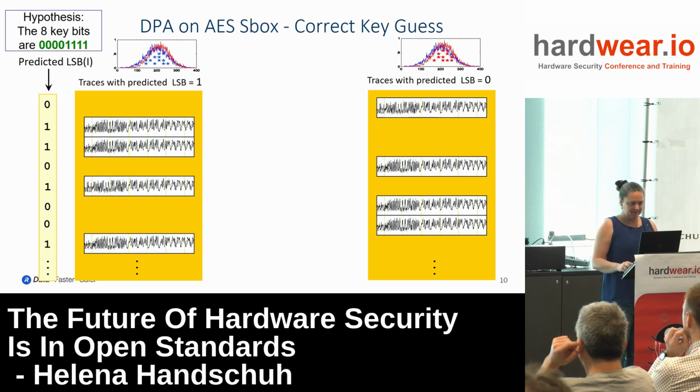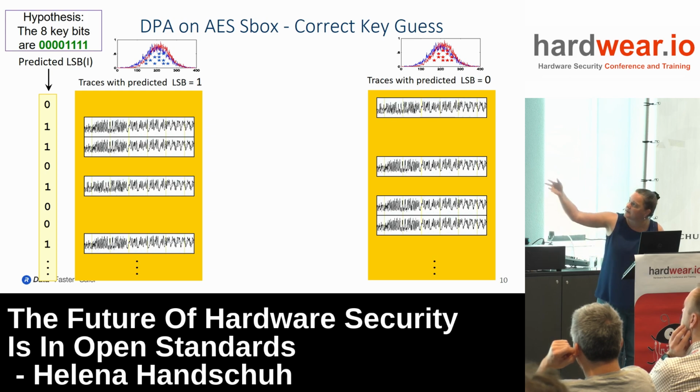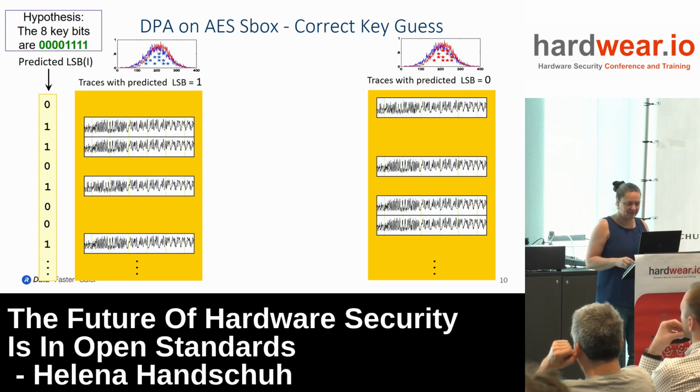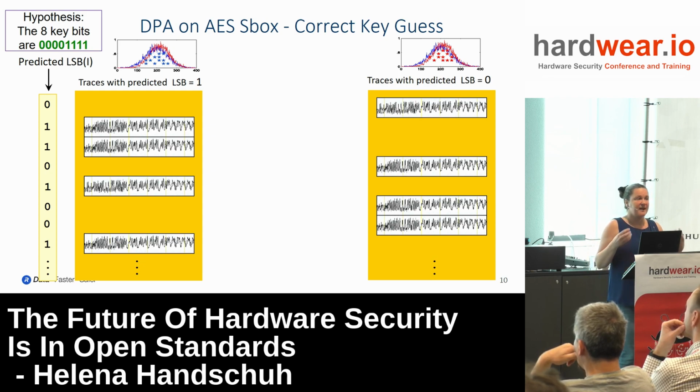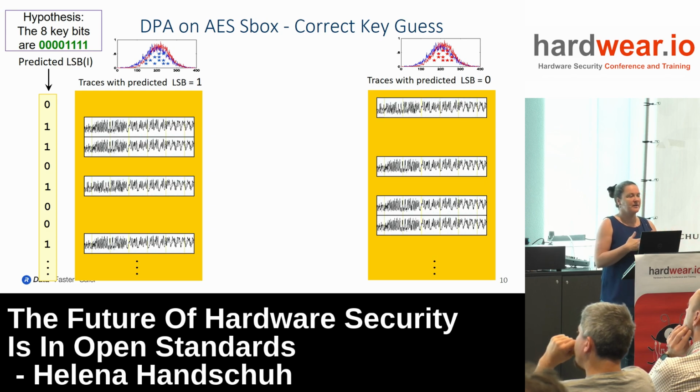Very simple. Let's say you have a key hypothesis of 8 bits here, and the possible value is presented in green because we happen to know it's the right guess, so you can see what it looks like. With that key value, you can add it to the input data that you chose, and you can predict what the value will be at the output of the S box.